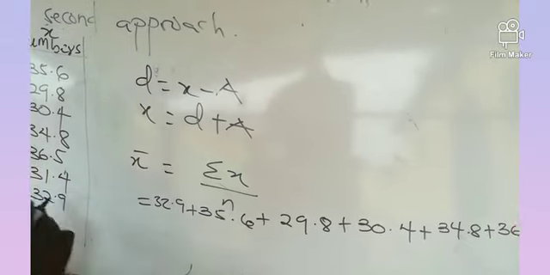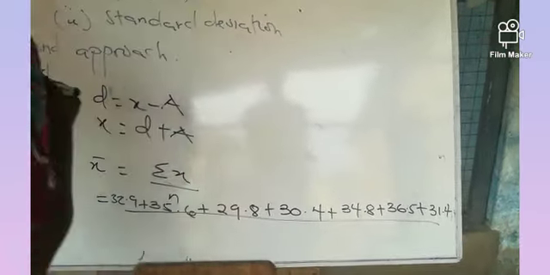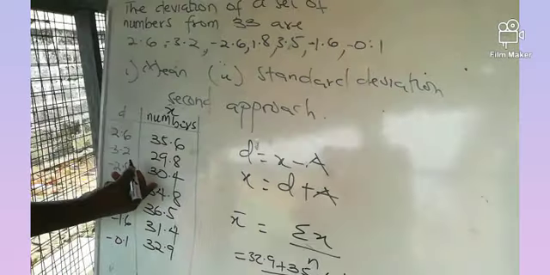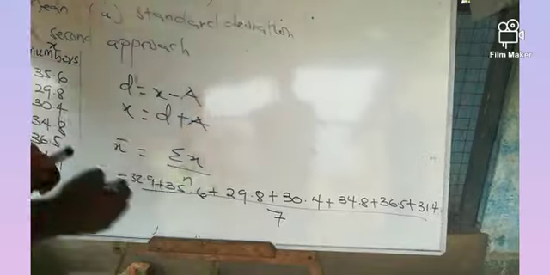So it's the summation of everything here, all divided by the number of numbers over here. You have 1, 2, 3, 4, 5, 6, 7. So they are 7. So you divide by 7.